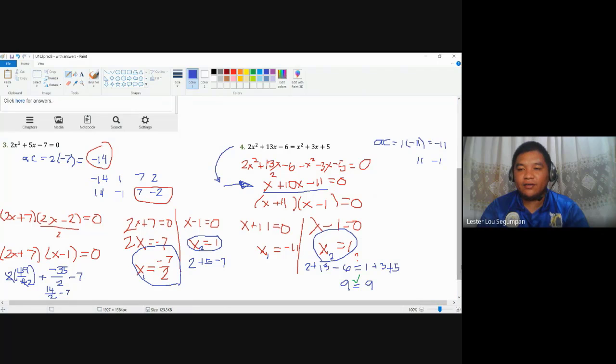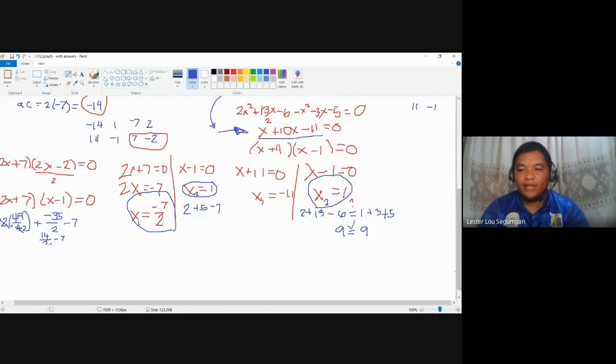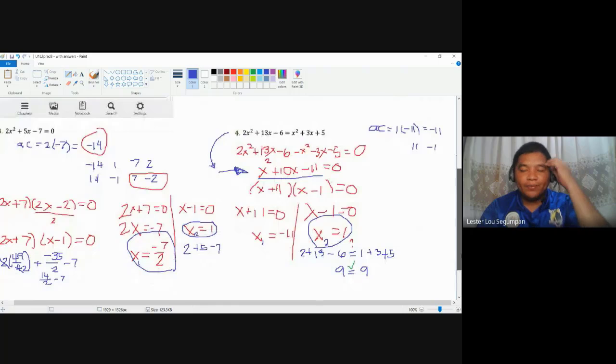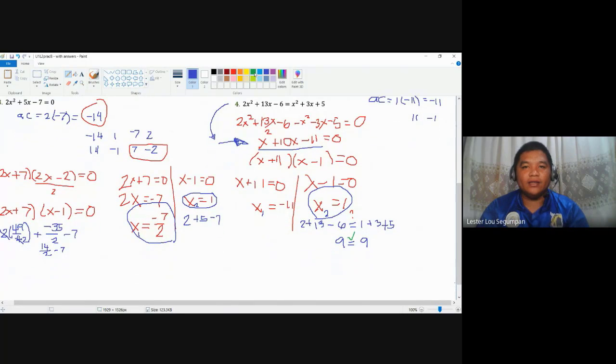I would like to increase again the size of this so that we could write better checking for negative 11. We need to check it just to satisfy our need for checking. So negative 11 squared is 121, times 2 is actually 242. Again, let's repeat it. Negative 11 squared is 121 times 2, so you have 242.